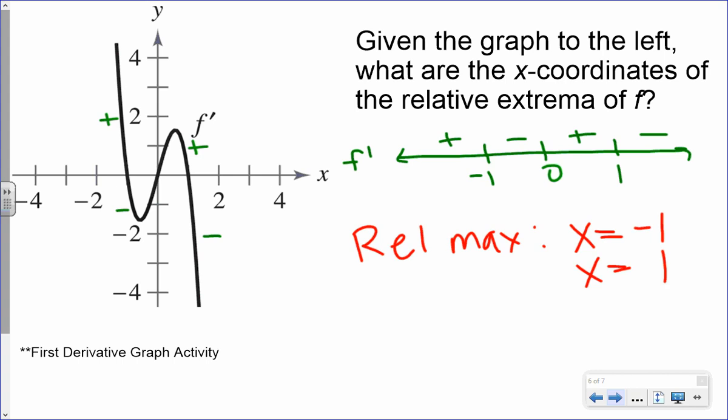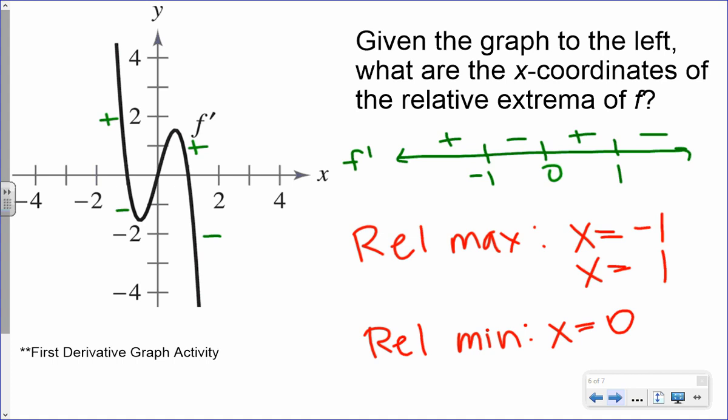X equals +1 because our derivative is changing from positive to negative. We have a relative minimum at x equals 0 because our derivative is changing from negative to positive. All three of those numbers correspond to what on the derivative graph? The 0. Okay, where the derivative is 0, we have critical points, right?